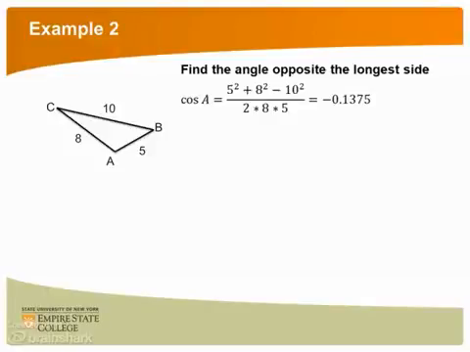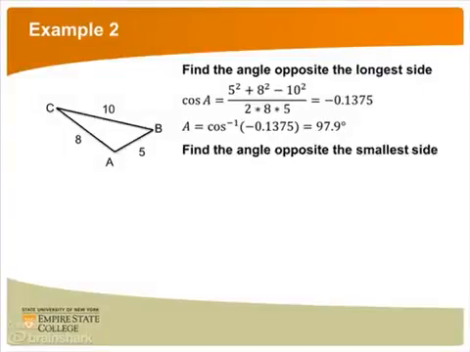This gives us the cosine of angle A equal to the quantity 8 squared plus 5 squared minus 10 squared, all divided by 2 times 8 times 5. Calculating, we find the cosine of angle A equals negative 0.1375. To find the actual measure of angle A, we take the inverse cosine of that decimal amount. We find that angle A measures 97.9 degrees.